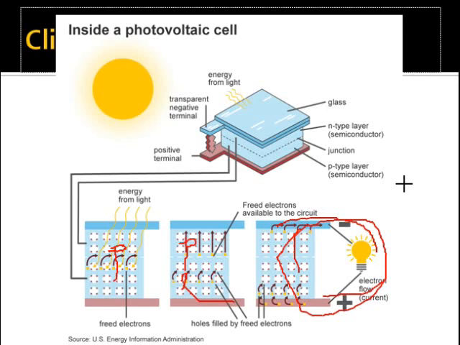Because of the motion of the free electrons, which are formed by the p-n junction or with the help of semiconducting material, we get the electrons moving in the circuit, and that is called the current. This is because the photon which comes from the sun provides the minimum energy required for the electrons and holes to cross the border.